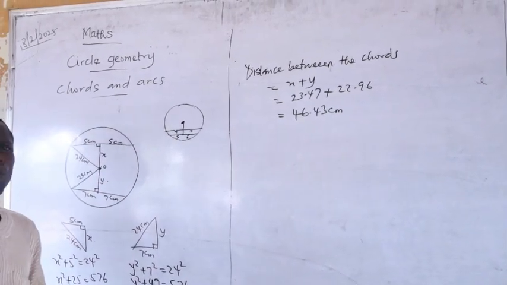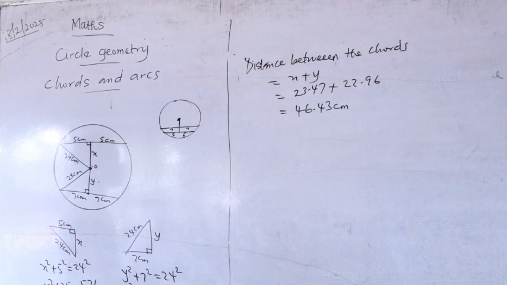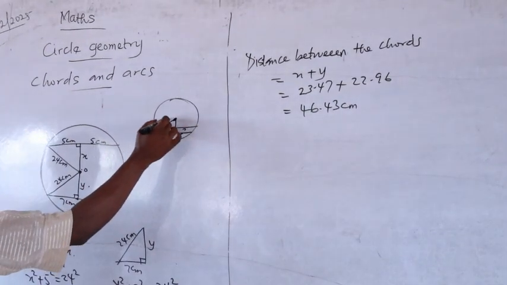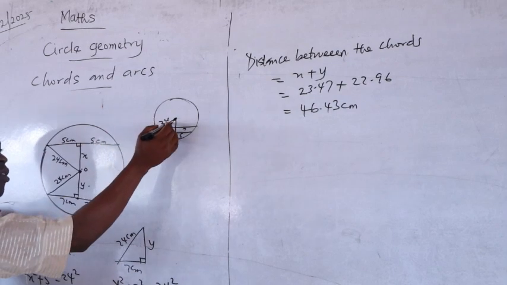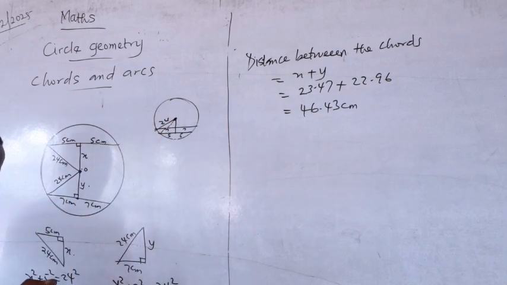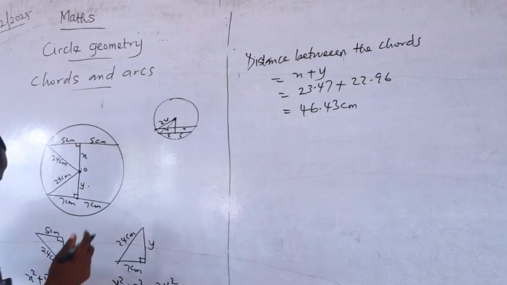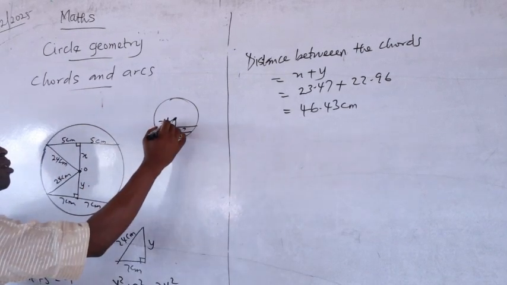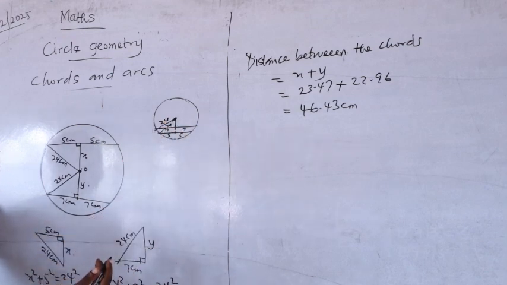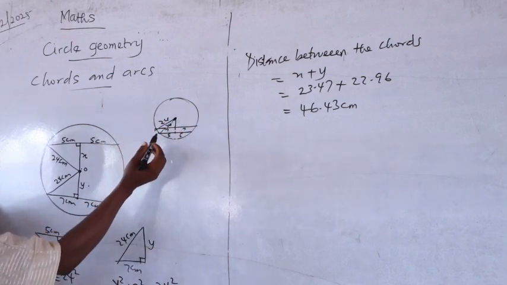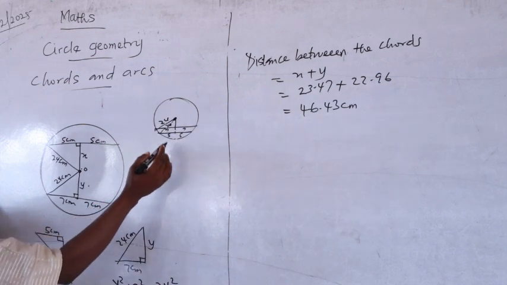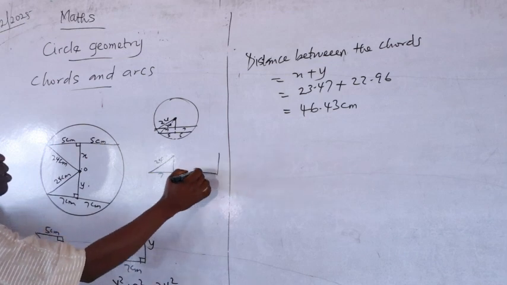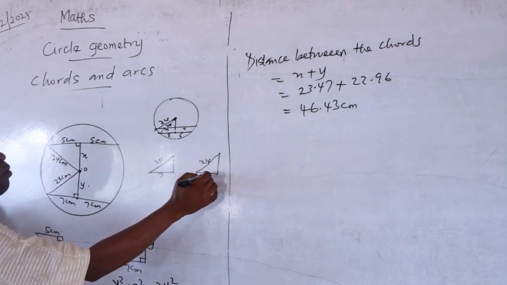But if the two of them lie on the same side, say the same thing. This is 24. Then this is another 24. So when you now bring out the triangles, the first one is 24, 7, while the second one is 24, 5.